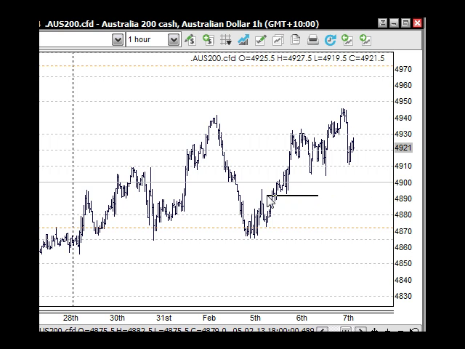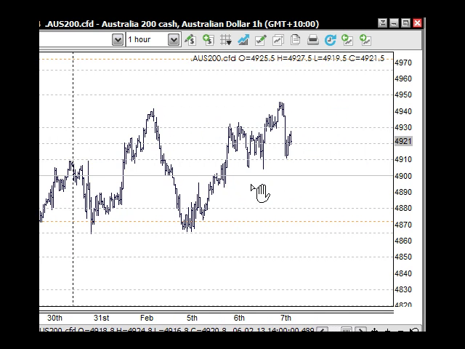So at minimum, we should be getting an A wave, a B wave, and a C wave back into this area, which also lines up with BHP and so forth, the material sector not having finished their larger ABC patterns, which we'll look at now when we look at the base metals.